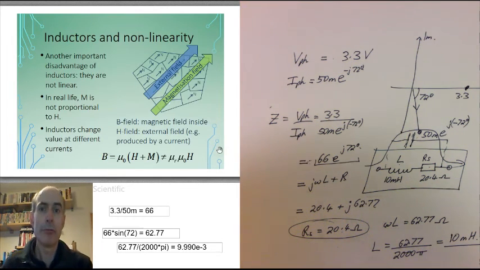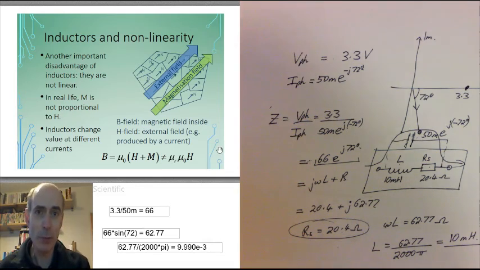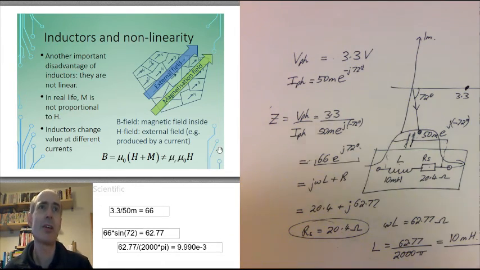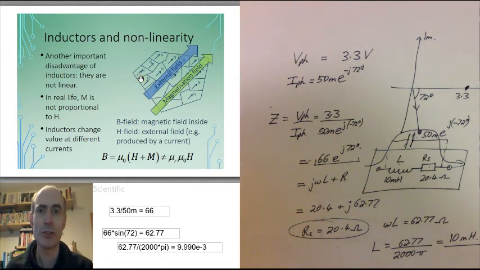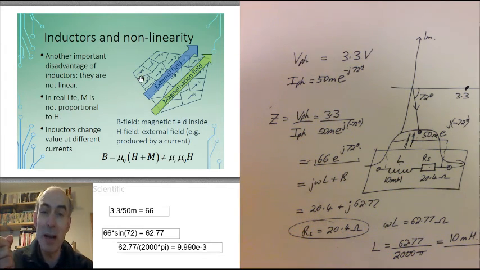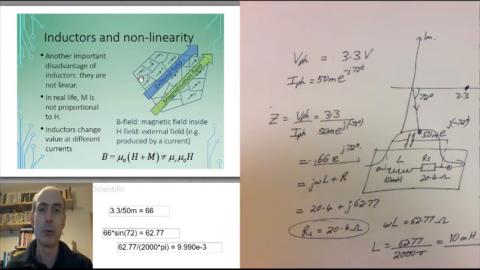Now, the final thing that I have to warn you about real inductors is that most real inductors have an iron or ferromagnetic core to increase the magnetic field inside the inductor itself in order to give a bigger value of inductance in the same physical volume, just like capacitors use dielectrics.